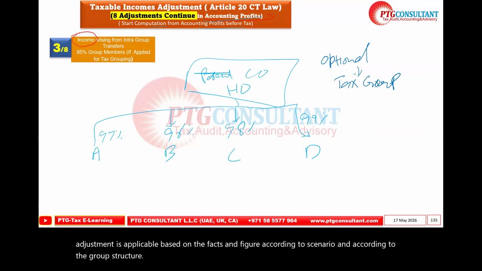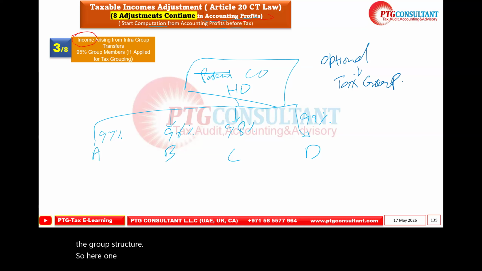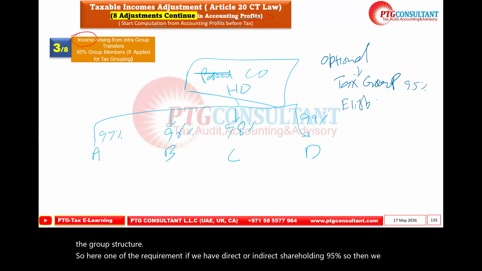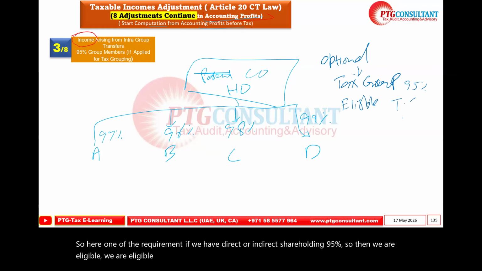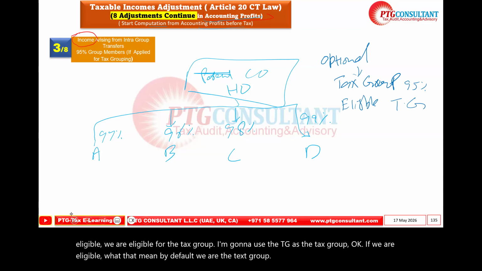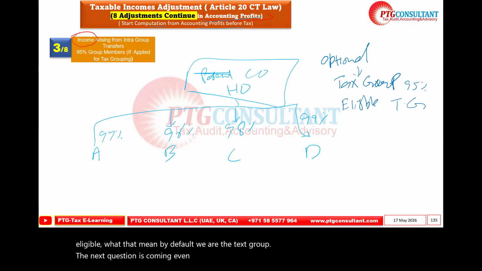One of the requirements is direct or indirect shareholding of 95%, then we are eligible for the tax group. I'm going to use TG for tax group. If we are eligible, does that mean we are by default a tax group?